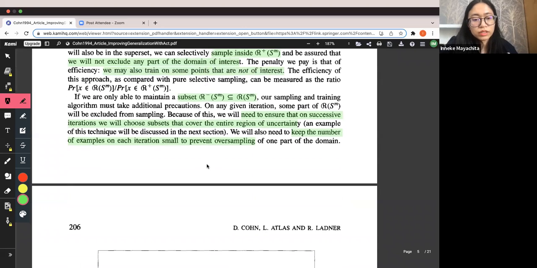On the other hand, we also have the subset of the region of uncertainty, which means that we are sure that all examples we sample from that area are in our interest, in other words, the examples that we want in our active learning.